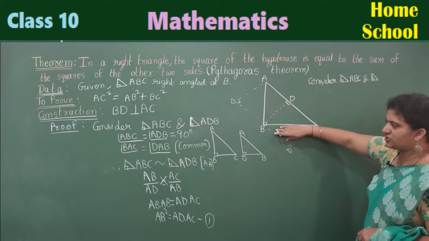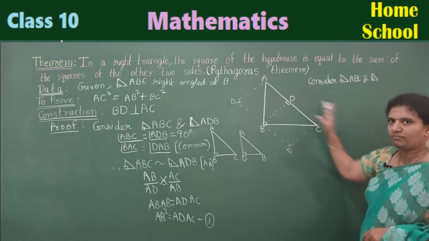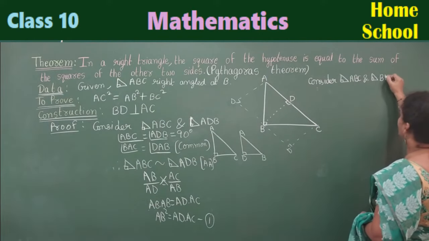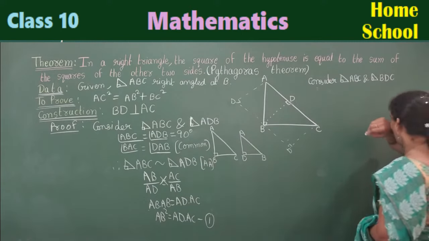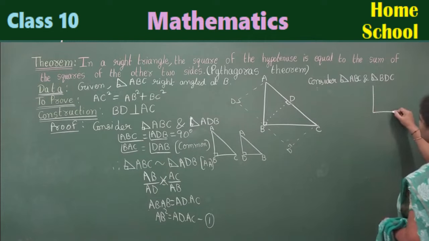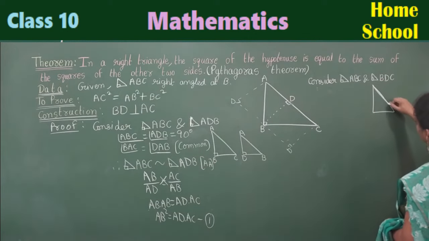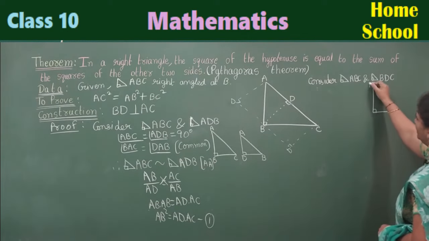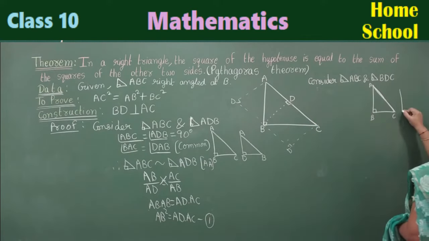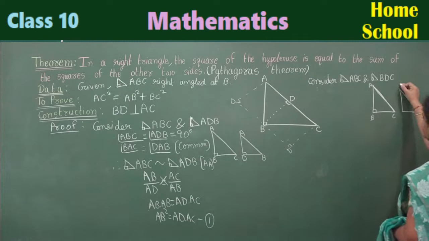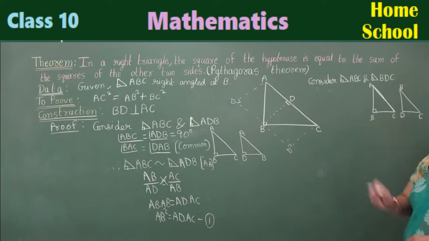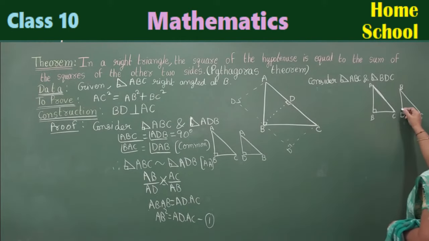Now place this picture aside the big triangle. Let me mark here BDC. Now take the figure: A, B, C, and this one is B, D, C. Now what happened here?